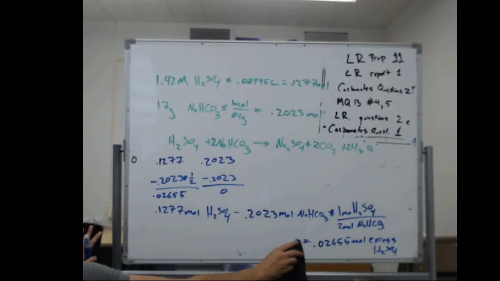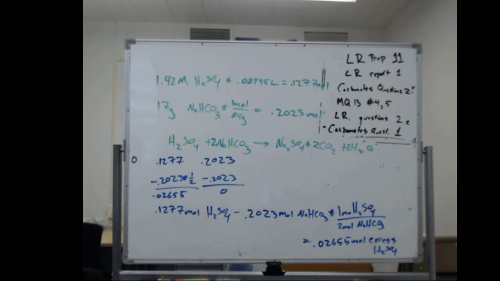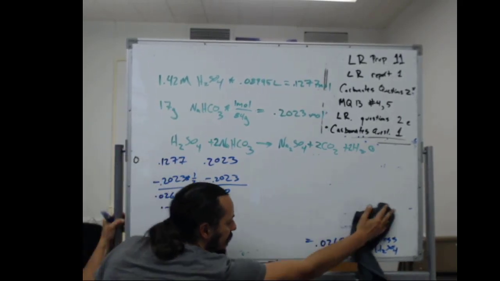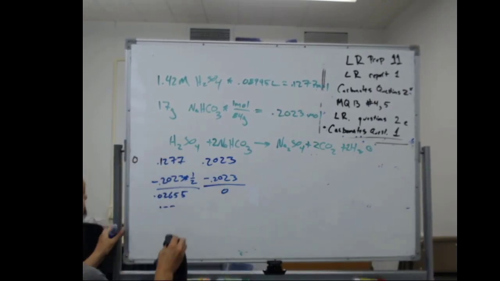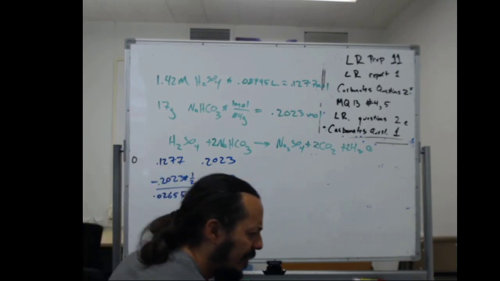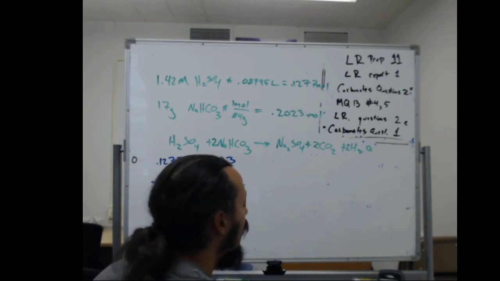The long way allows for unit analysis much better. So if you are first learning stoichiometry, I would do it the long way, but after you practice some, the column way is really nice. Am I off a 0? Nope, I'm good. Okay.